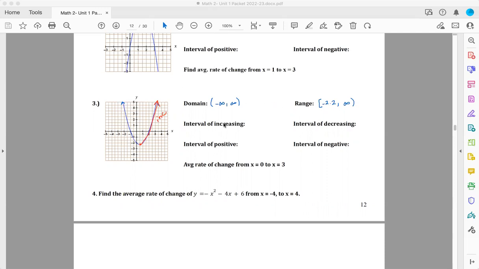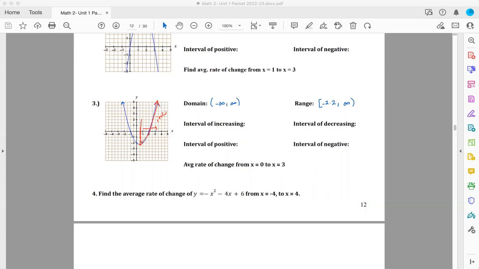So for increasing, which x values? Where does it start? Which x value does it start at? And you can see here that for this vertex, the x value is 1/2 or 0.5. So this graph is increasing from this x value 0.5, and as you go to the right, it continues to increase.